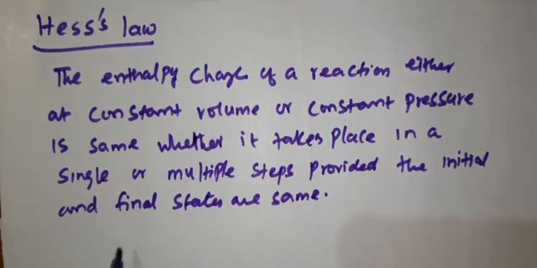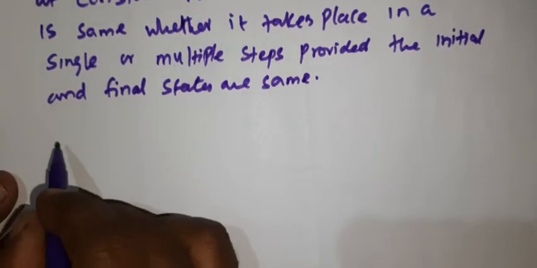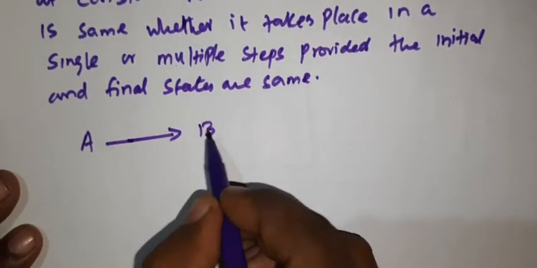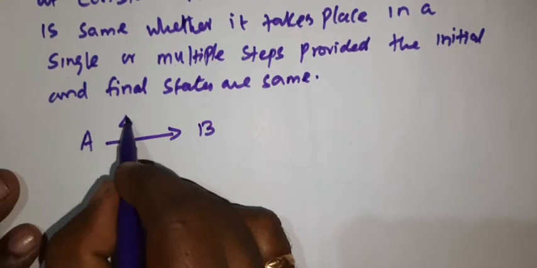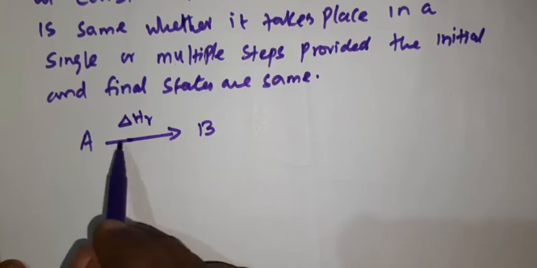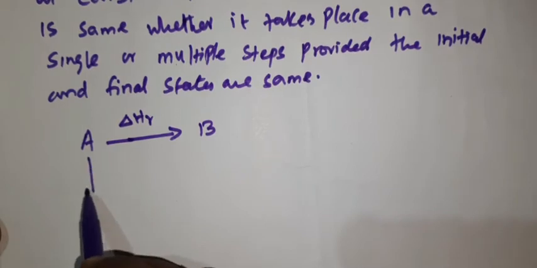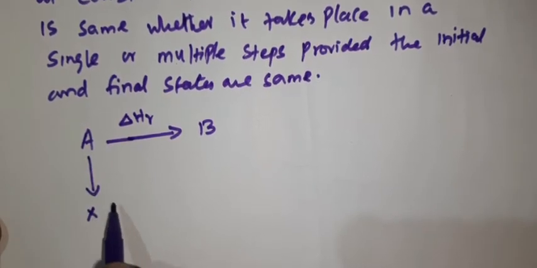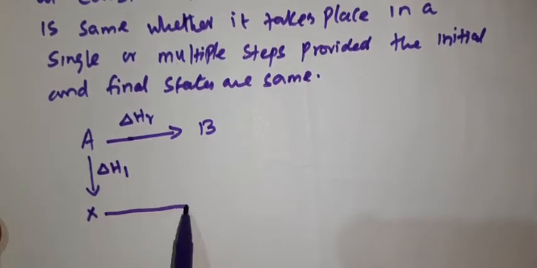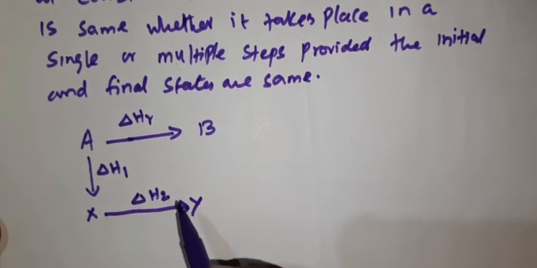See here, consider a reaction in which reactant A is converted into B. Here we get delta H reaction. This is a single step. Sometimes this reactant can form an intermediate X, which we represent with delta H1. This X may form another intermediate Y, with delta H2, the change in enthalpy 2.